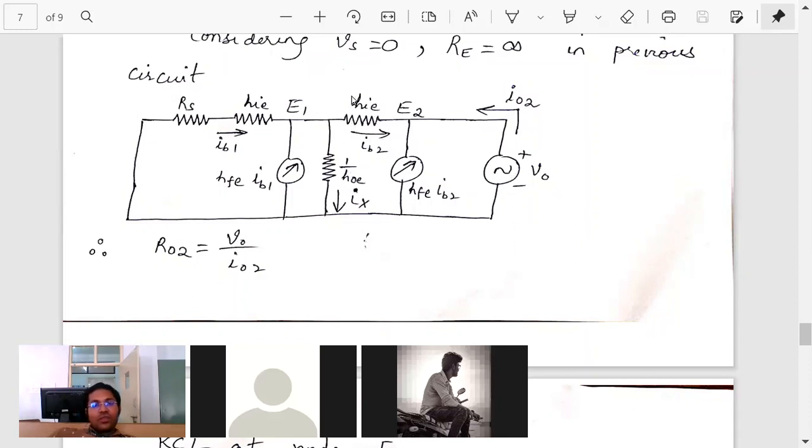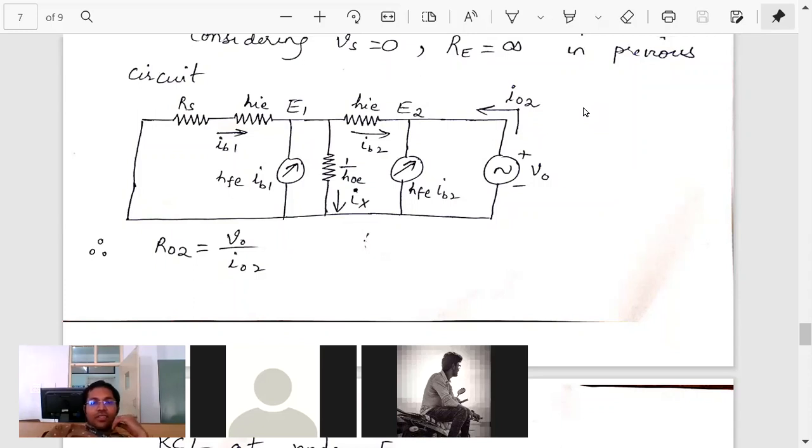So now tell me what will be the KVL for this loop? V0 is equal to, please give answer. Minus HIE IB2 plus 1 by HOE IX. Absolutely correct. Good.